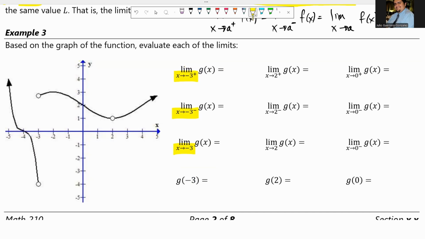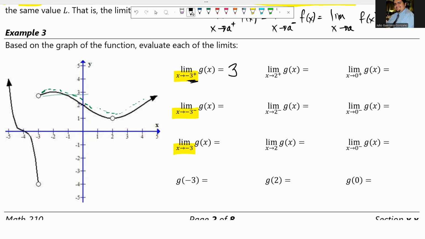The first one, I am approaching -3 from the positive side. I'm getting closer and closer to -3 on the x-axis from the positive side. And if you notice, it is getting closer and closer to, I'm going to say, 3. I'm going to round.